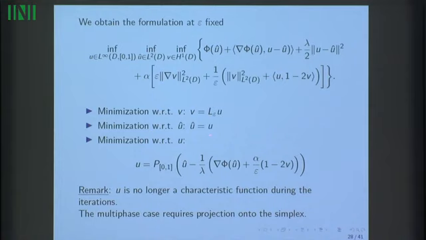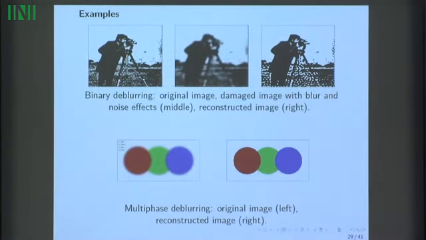So you solve epsilon, then this you do nothing, and this you have. Because of the proximal formulation, you have a projection. This is for the two-phase case, and in the multiphase, you have a projection on a simplex. So these are examples you can get. You know the blurring kernel, and so you minimize the function with perimeter penalization for each phase.